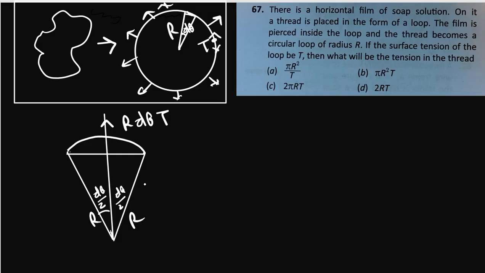So surface tension only acts at the surface. Here we have two surfaces, one which we are seeing on the screen and one behind the screen. Any film has an upper surface and a lower surface, so multiplied by 2.